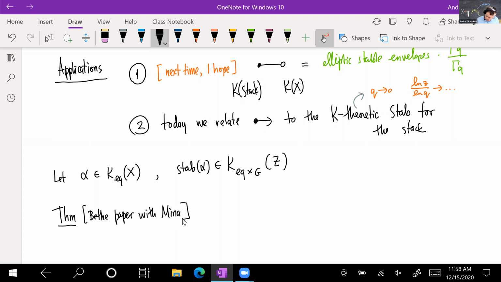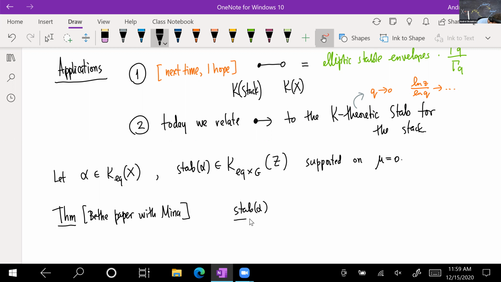It says the following. I remind you that this is supported on mu equals 0.